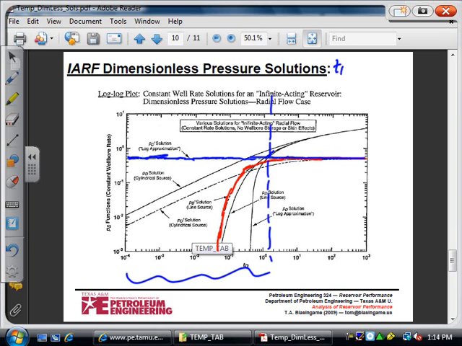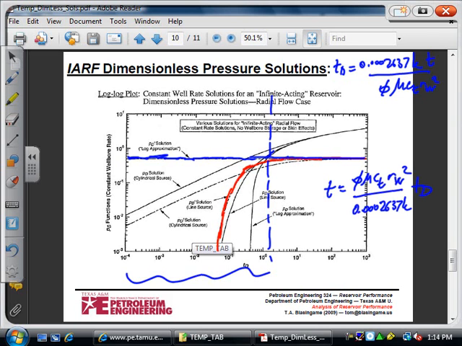So if you remember the definition of TD, this is valid for values of TD over 1, but if TD is less than 1, then you see this difference.